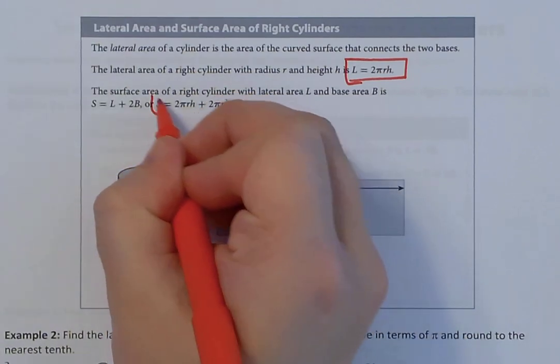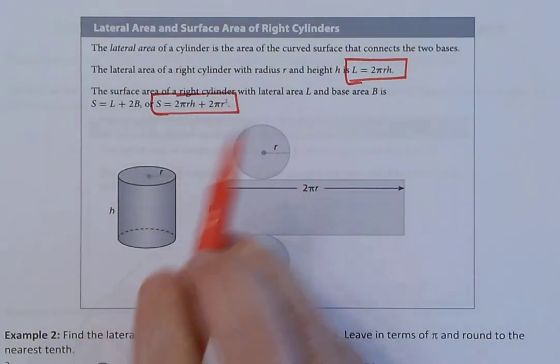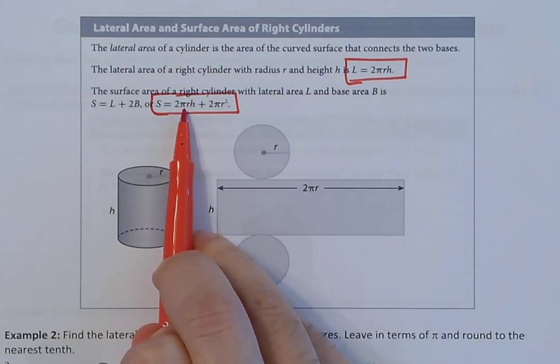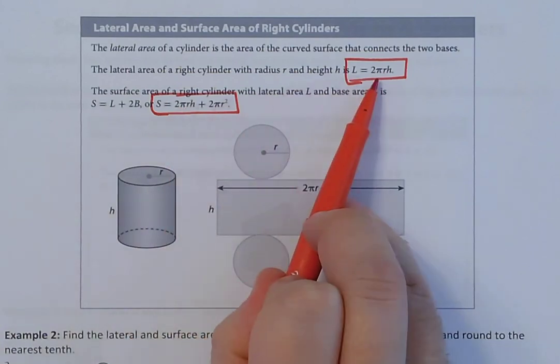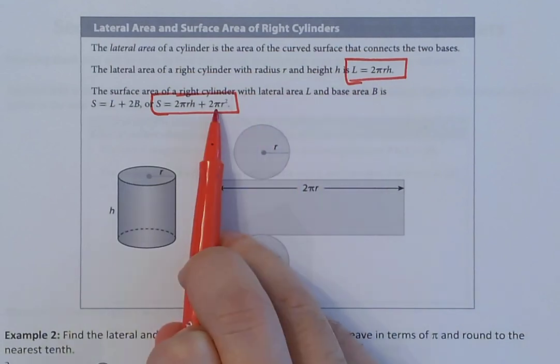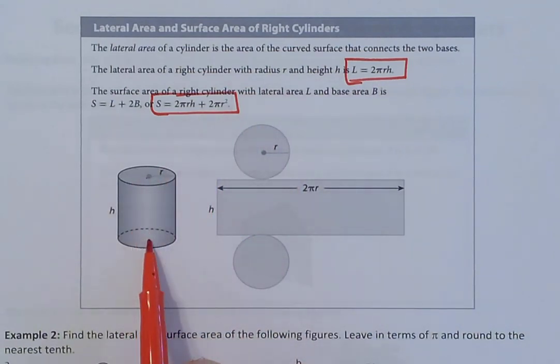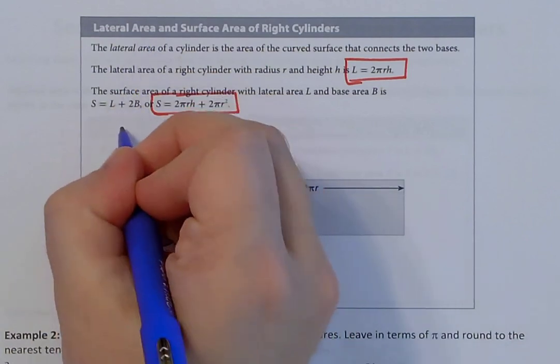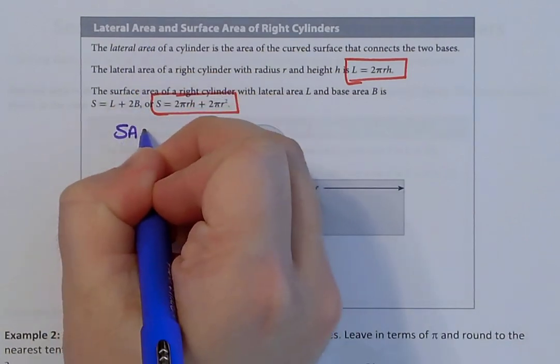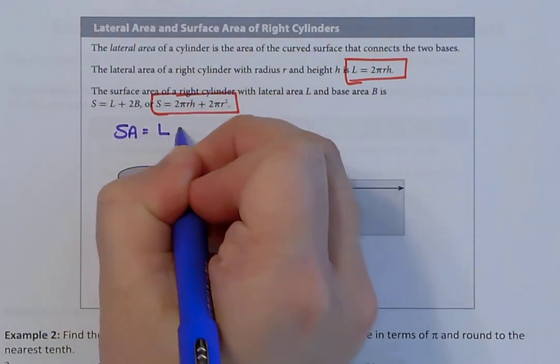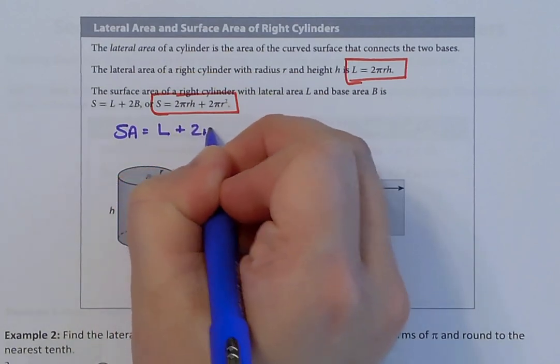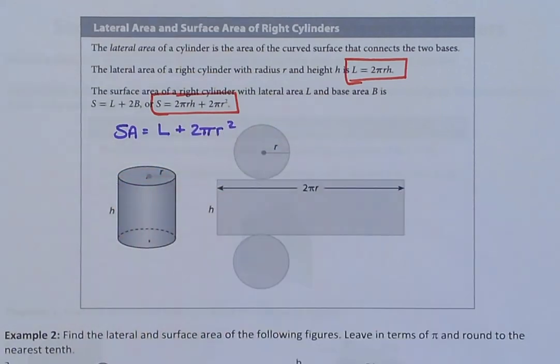And we can form that out to the lateral area, this 2 pi r h is the lateral area, plus 2 pi r squared, which is going to be the area of the two bases. So you can think of it this way for surface area, or we can think of surface area equals L plus 2 pi r squared.